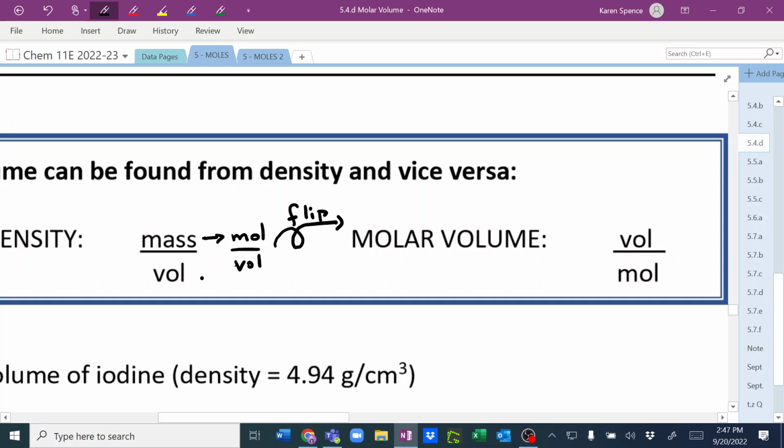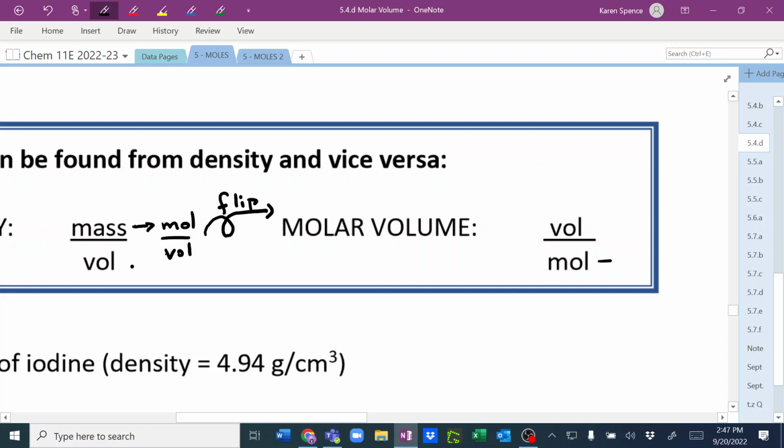And the same thing the other way around. If I give you molar volume, you could convert moles into grams, and then you could take the whole thing and flip it. So there are several ways of showing the work. You could do it that way, or you could do your conversion in situ, right there.